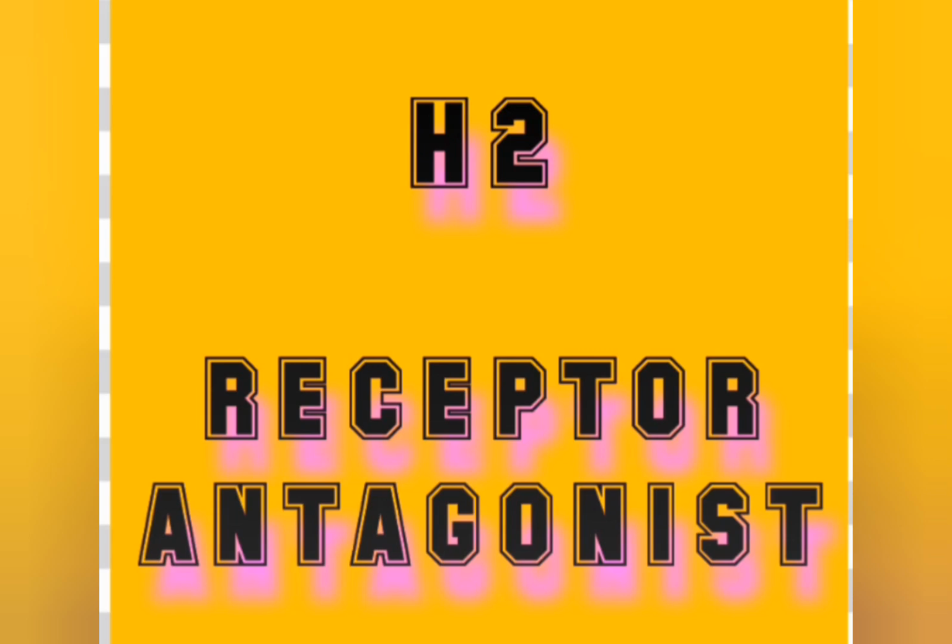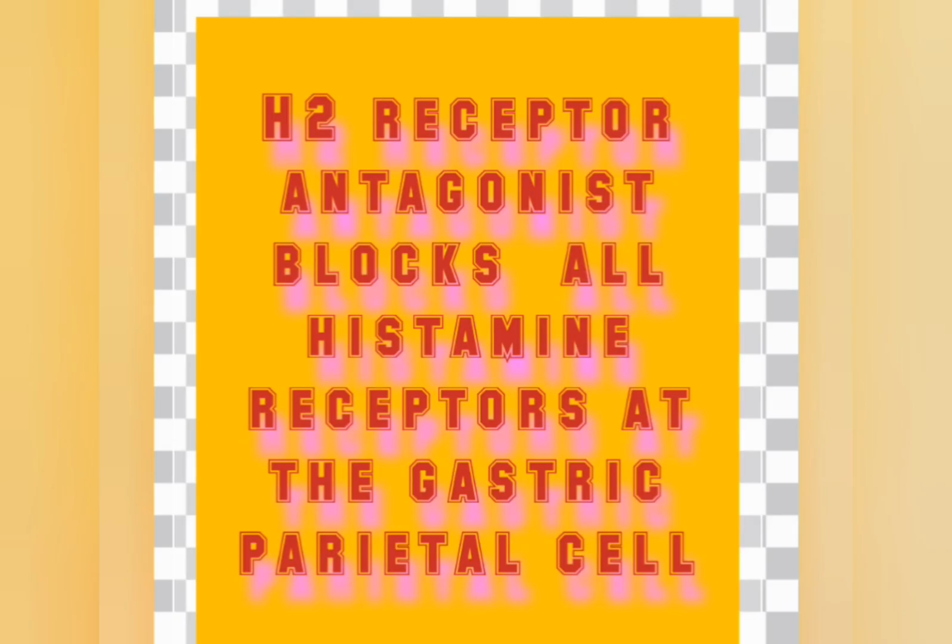Another class is the H2 receptor antagonist, histamine 2 receptor antagonist. This class of medications are all natural analogs of histamine. They competitively block or inhibit the histamine receptors in the gastric parietal cell, thereby preventing acid secretion, because pepsinogen is converted into pepsin with the help of acid.